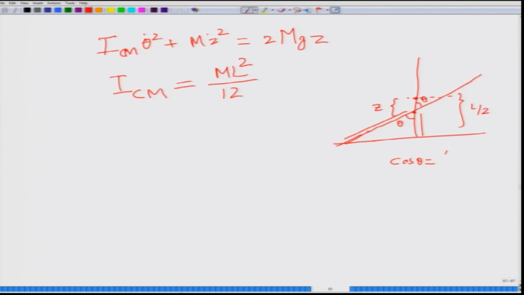So this thing is L by 2 minus z actually, and this thing is L by 2. So we see that z is actually L by 2 times (1 minus cos theta).